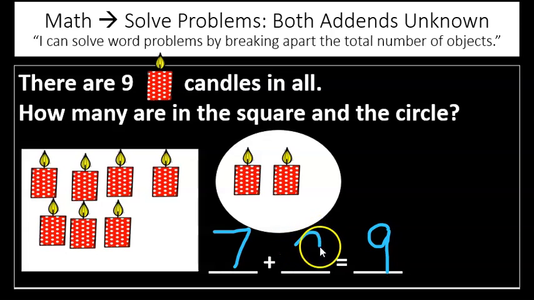So we have to put number 2 in the second addend. And there you go, boys and girls. Our math equation is complete. Let's read it together. 7 plus 2 equals 9. Let's say it again. 7 plus 2 equals 9. Now your turn to read it. Ready? Go!